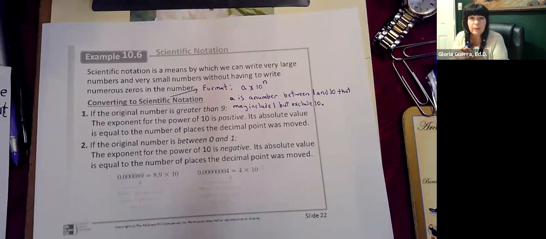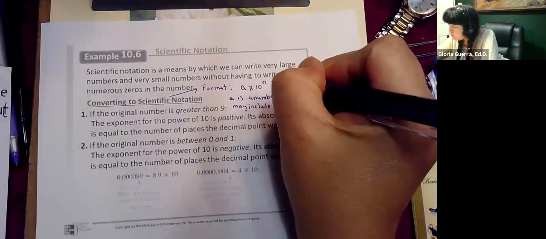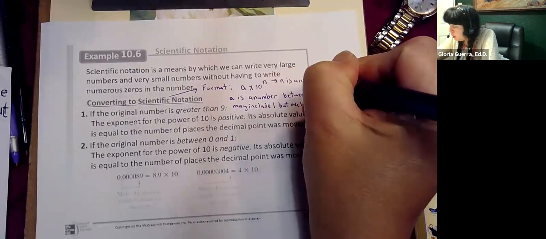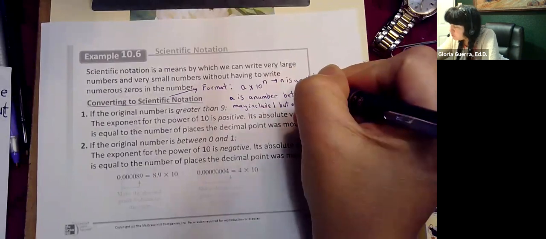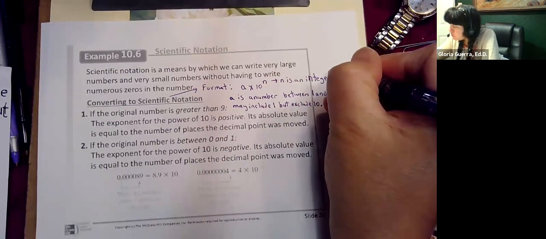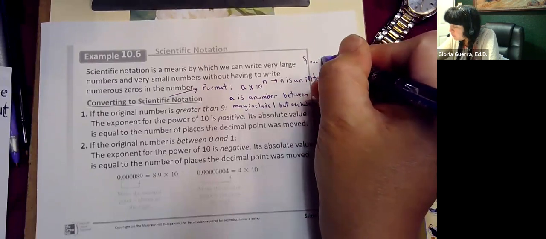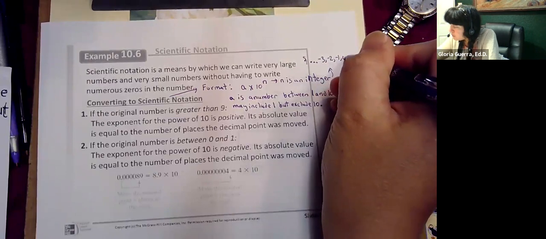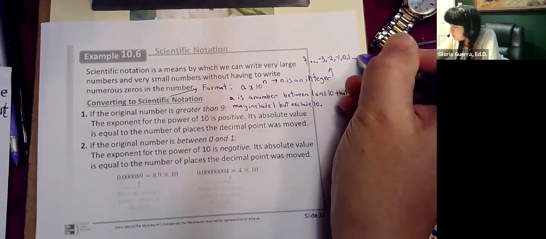Okay. When it says A times 10 to the n, know that n is an integer. And integers look like this: dot dot dot, -3, -2, -1, 0, 1, dot dot dot.